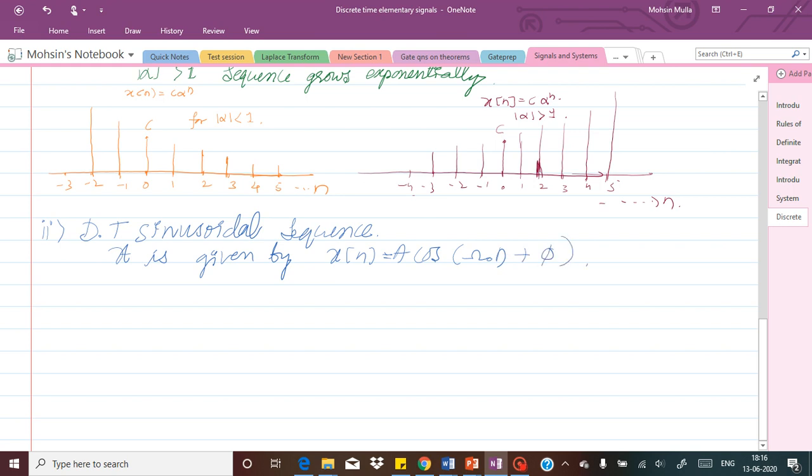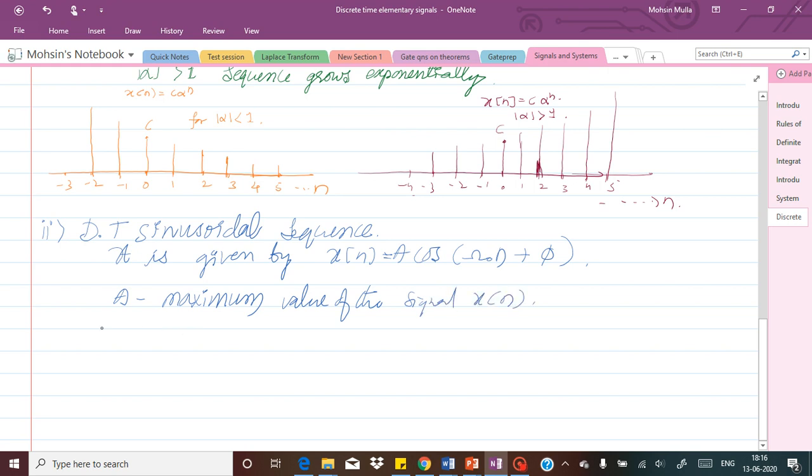Again here a represents the amplitude or maximum value of the signal x of n.